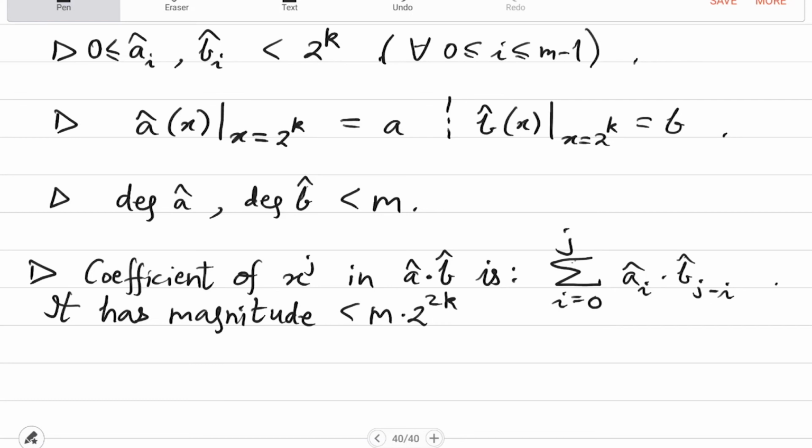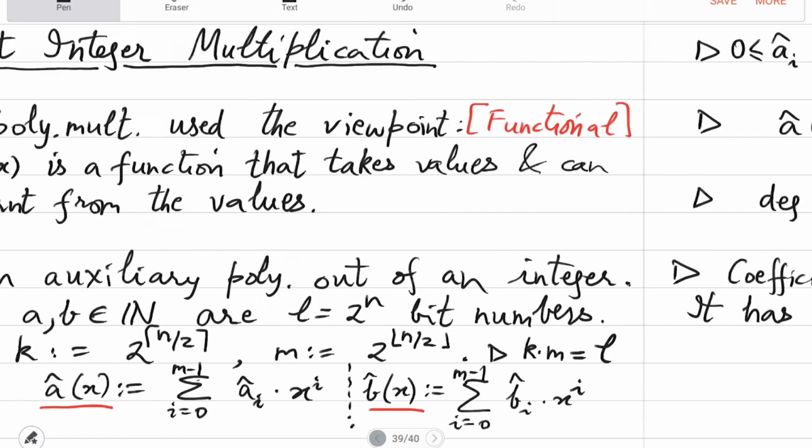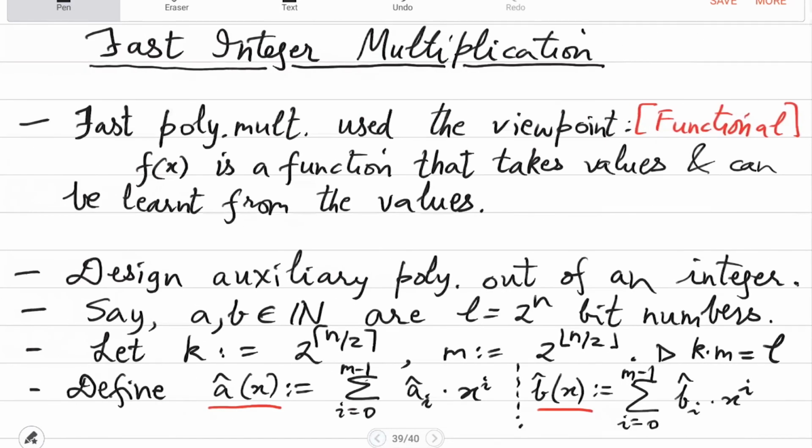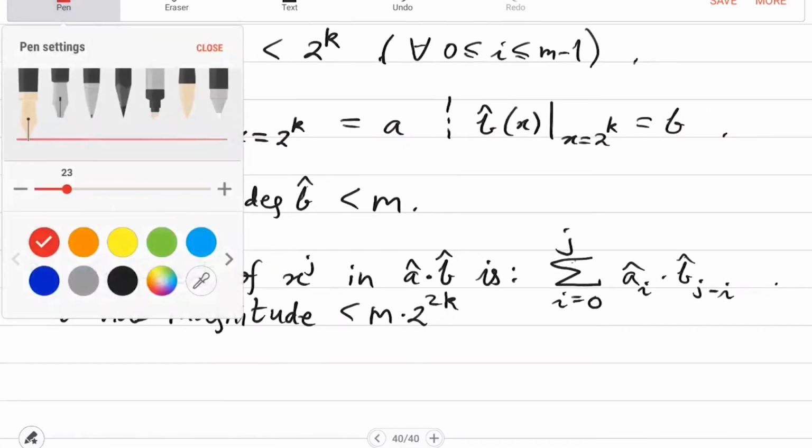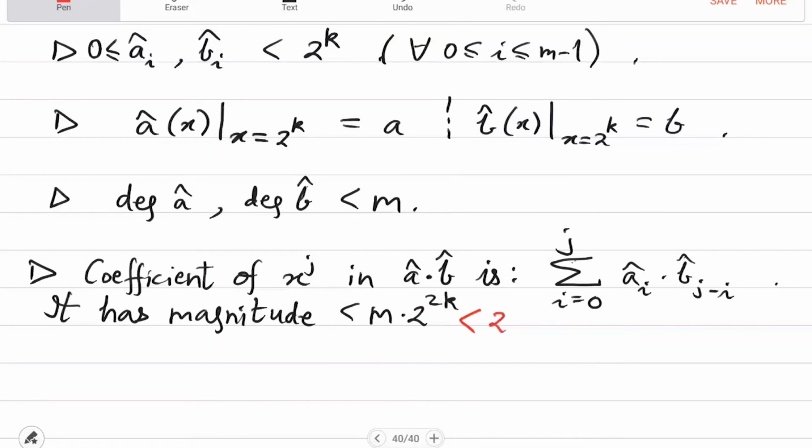M was... I want to claim that this is smaller than 2 raised to 3k. Is that right? Basically, m is at most 2 raised to k. I mean, m is much smaller than 2 raised to k.